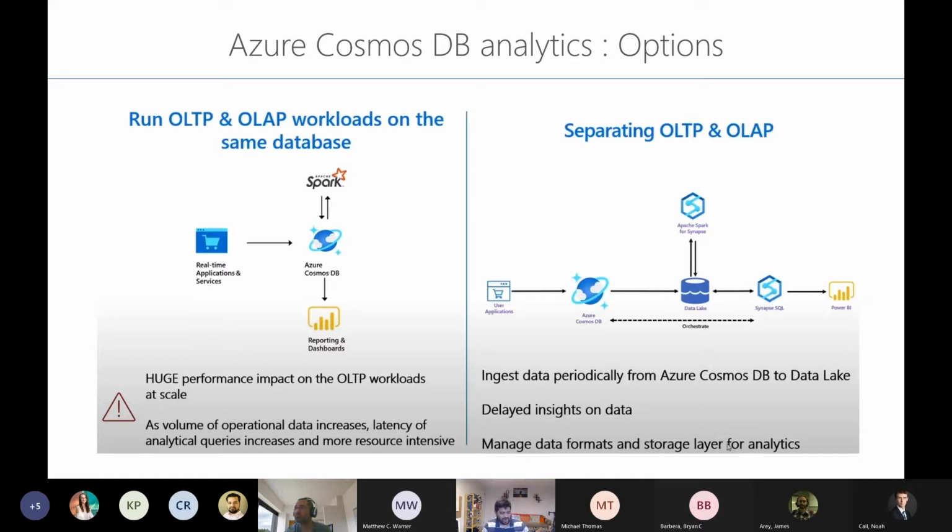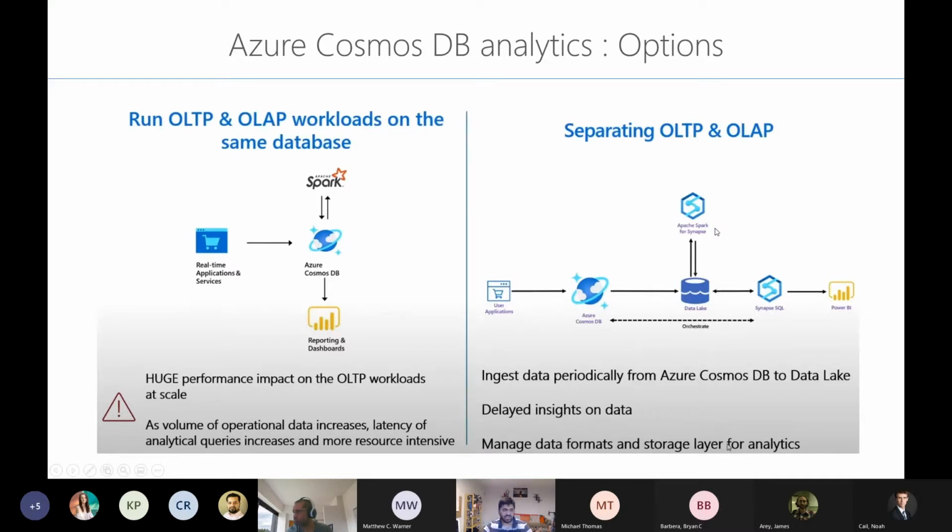Now it worked for a while, but as the volume of the data started increasing, the same problem started happening, because the way the information is stored in a regular Cosmos DB transactional data store is not analytical friendly, or it is not something that an analytical workload can easily deal with. So because of that, the problems still existed until recently. Actually, we resolved this by using the Synapse Link.